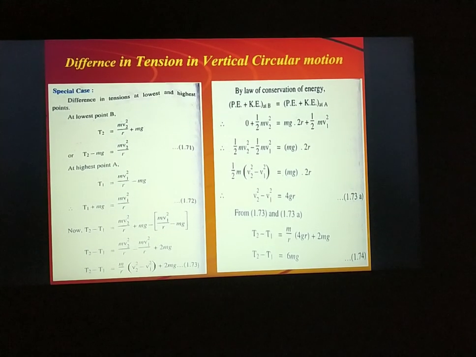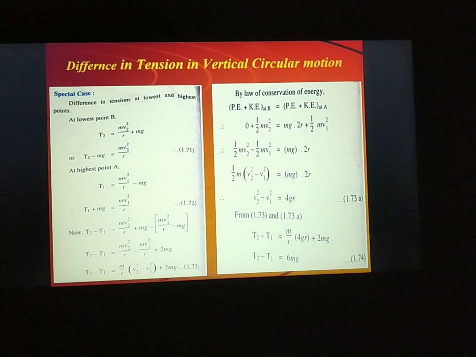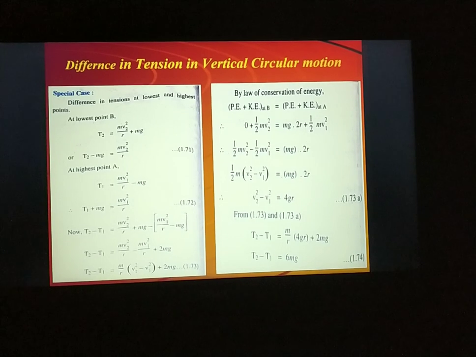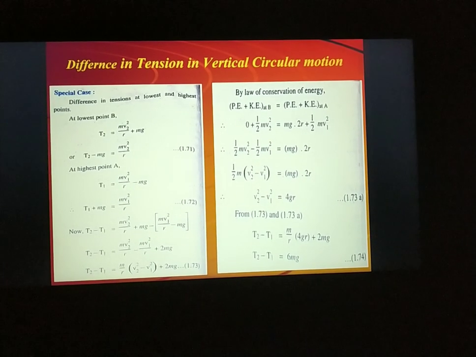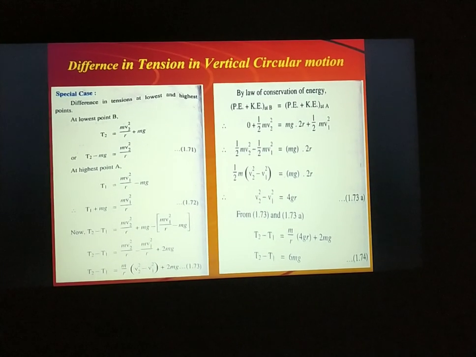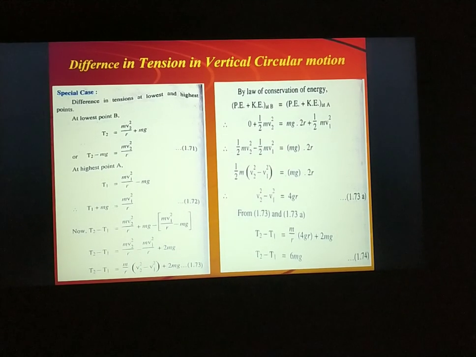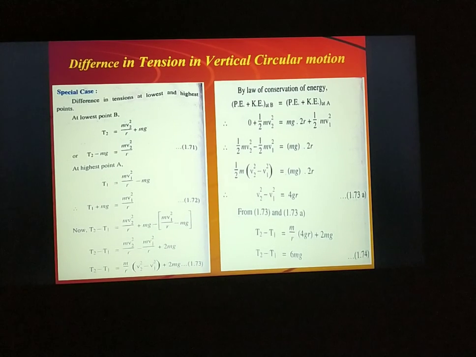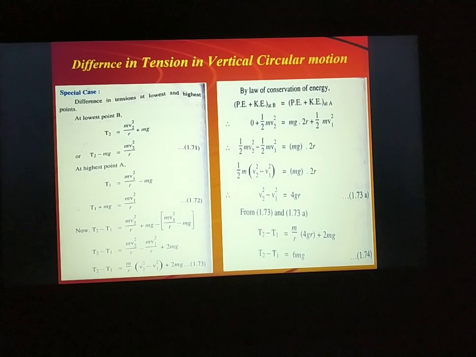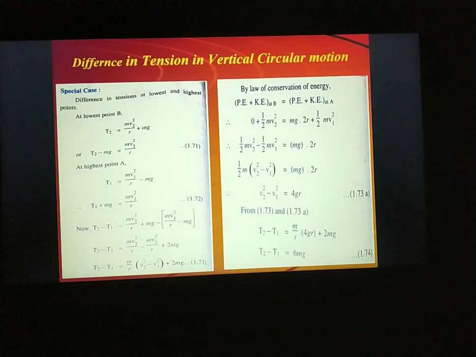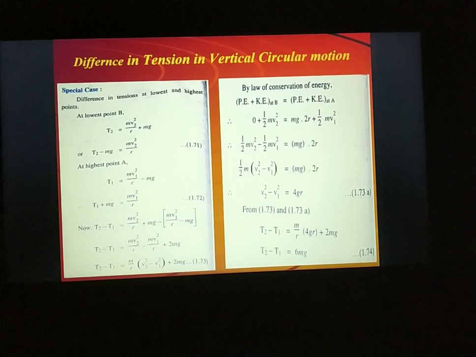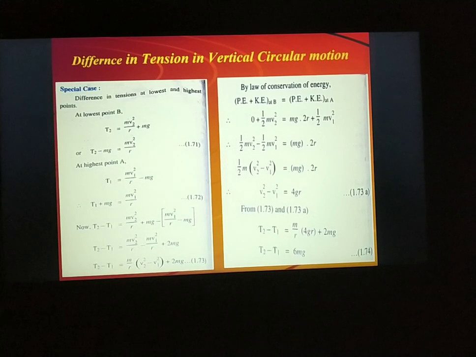Equating both, half mv2 square minus half mv1 square equals mg into 2r. Taking half m common and cancelling m, v2 square minus v1 square equals 4gr.